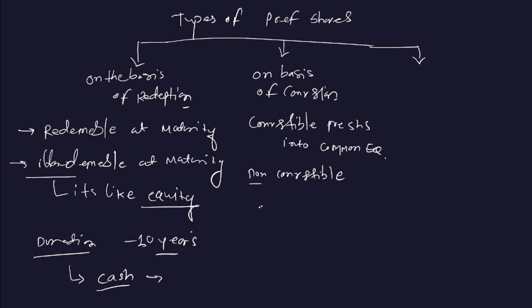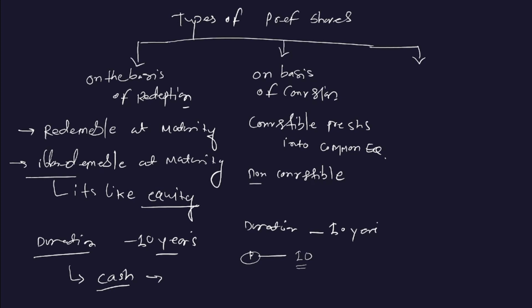How will it convert? Let's say the duration is again 10 years. After the 10 years, let's say you're holding one preference share. That will convert into common stock, let's say 10 common stocks. Why 10?